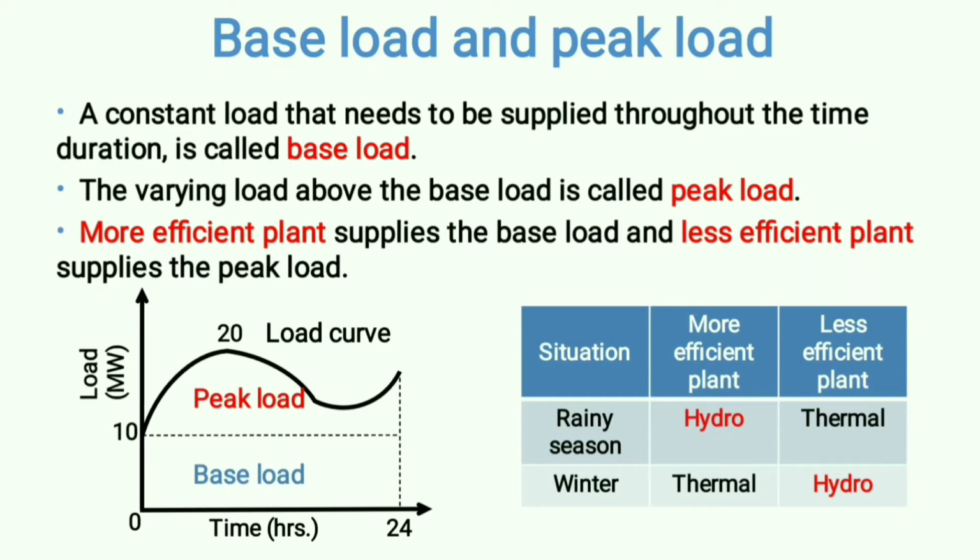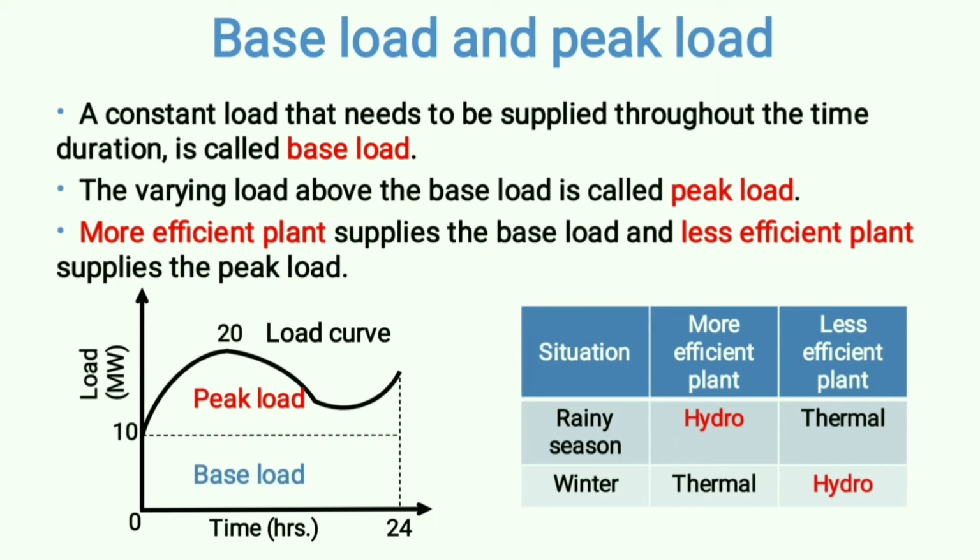And that is why hydro becomes the more efficient plant, and that more efficient plant will supply the base load. That means if I consider this load curve, this base load will be supplied by the hydro power plant, because hydro is more efficient due to the abundance of its resource, which is water, and that is why there is reliability that it can run for a longer duration.